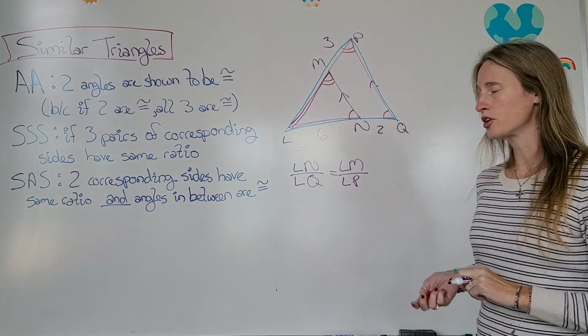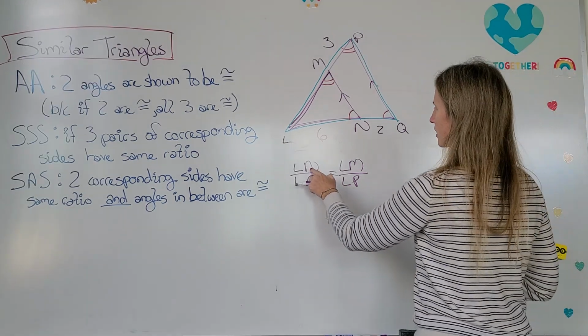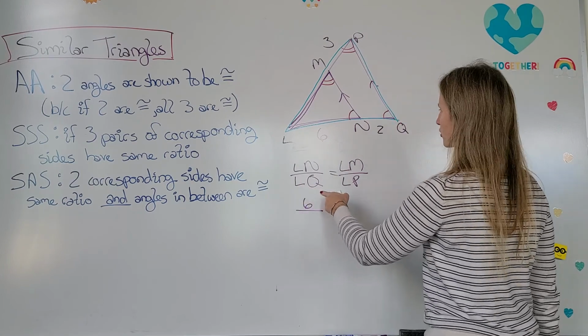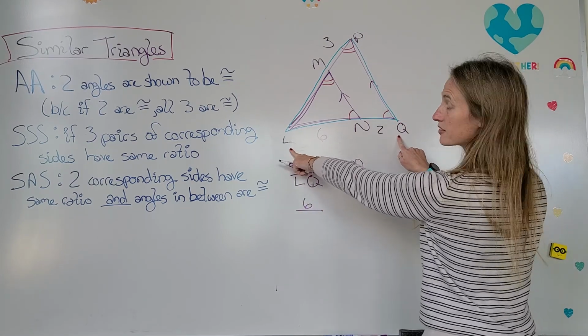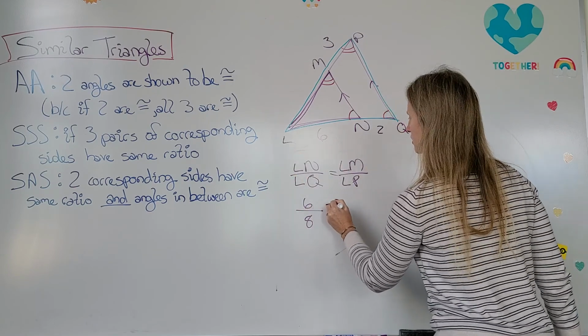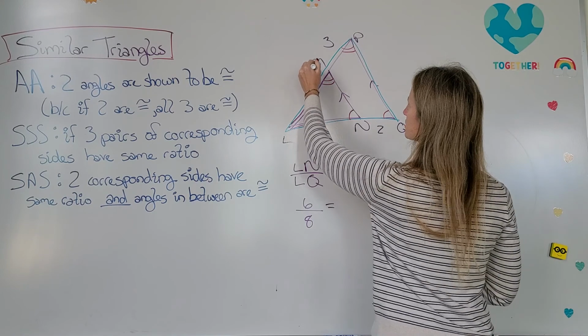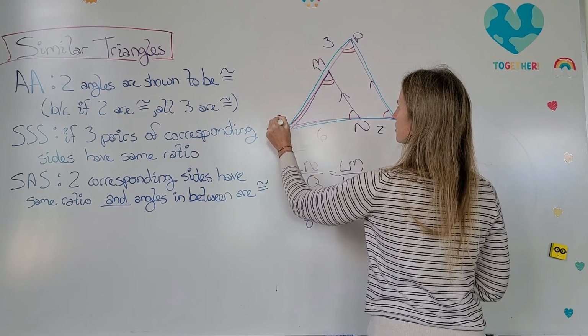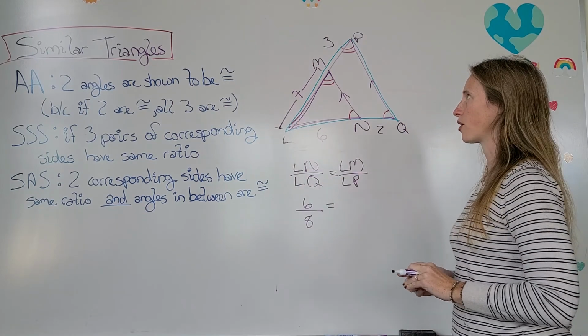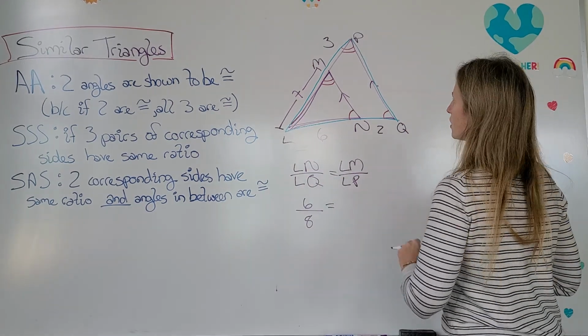Let's write down what we know about these sides. So LN is 6 over LQ. For LQ, you have to add these two components together. So I have 8. And then LM is what we're solving for, x. That's our unknown.